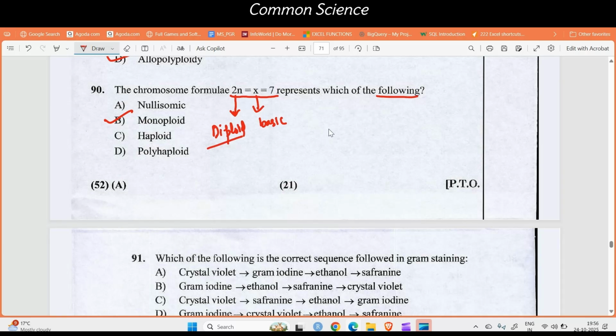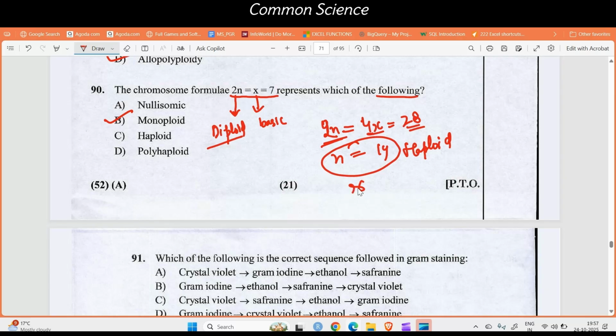This 2n could be 4x equals 7 fours are 28. At that time, the n will be 14. Haploid will be 14. But the x basic set will be 7, which is monoploid.